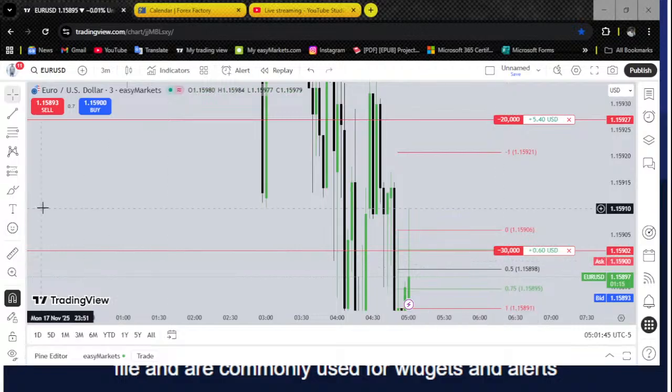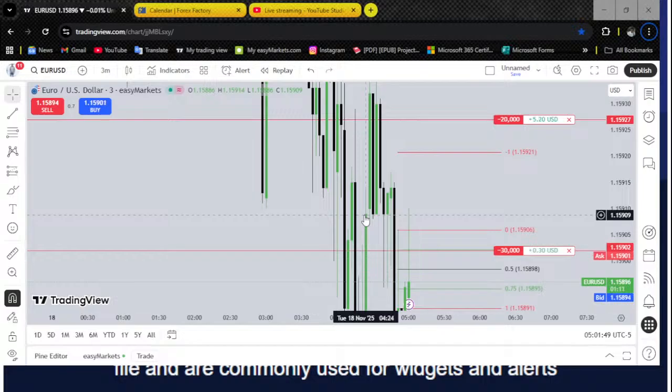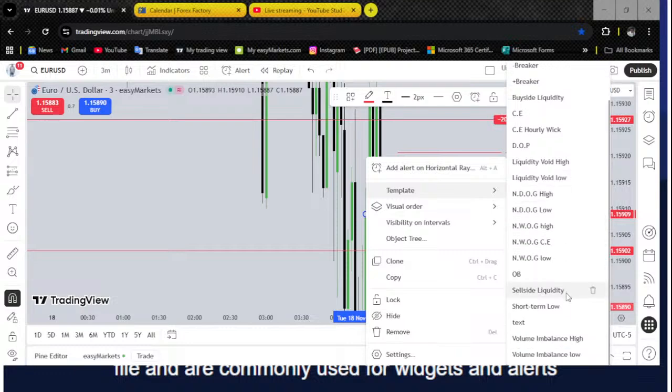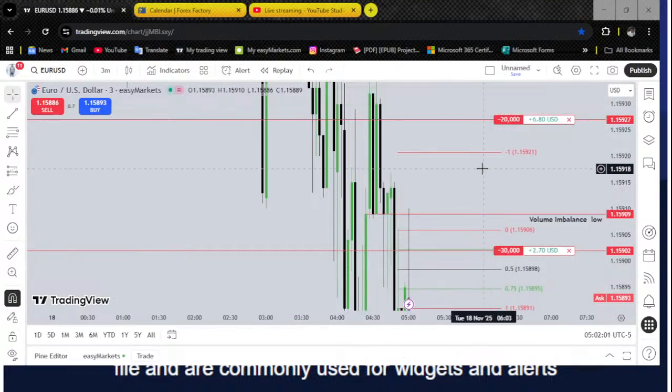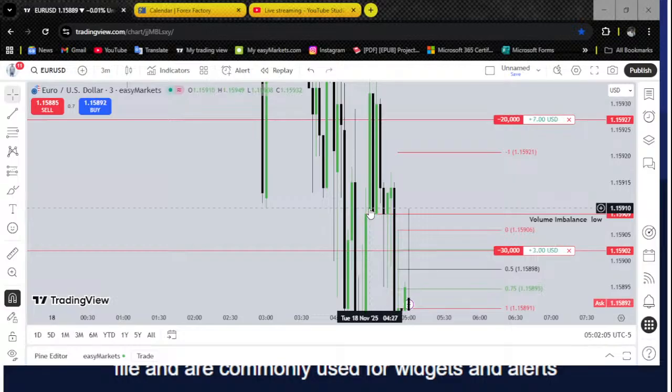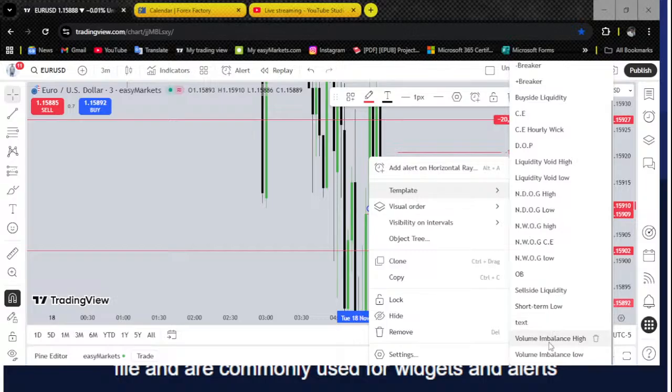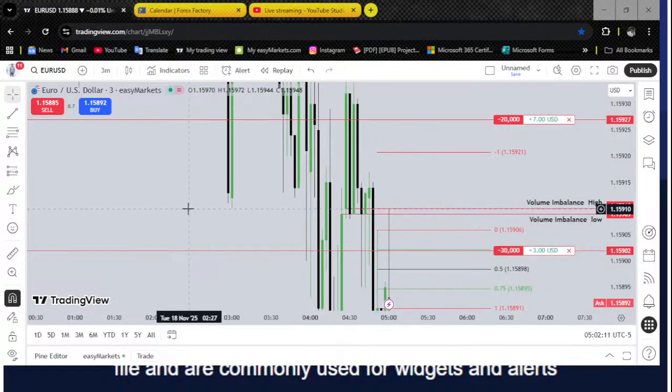I've seen the market has come to use this volume imbalance that is here. That's the reason the market came back. This one and this one. That's the target. Why did the market come back?